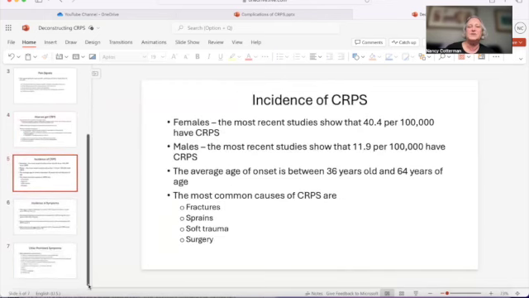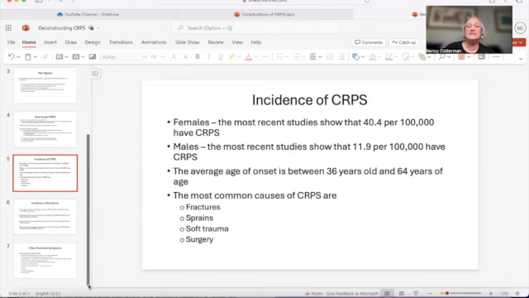The incidence of CRPS. Females, according to the most recent study, show that 40.4 per 100,000 people have CRPS. Males, the most recent study shows that 11.9 per 100,000 have CRPS. So females are more than 3 times more likely to develop CRPS than males.